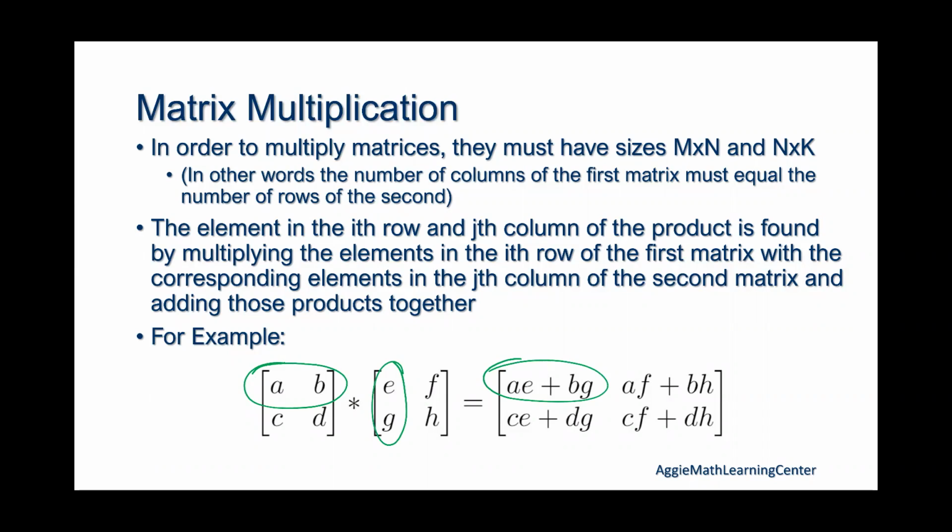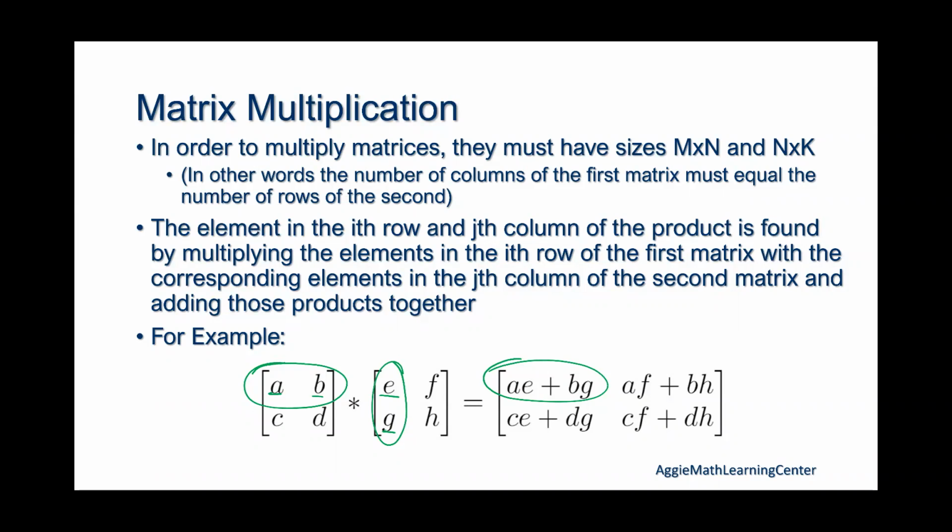So entry 1,1 is row 1 by column 1. You'll multiply A times E and then B times G and add them together. When I think about it, I think about taking my first matrix and my second matrix and going down through it. So all of the rows by all of the columns.